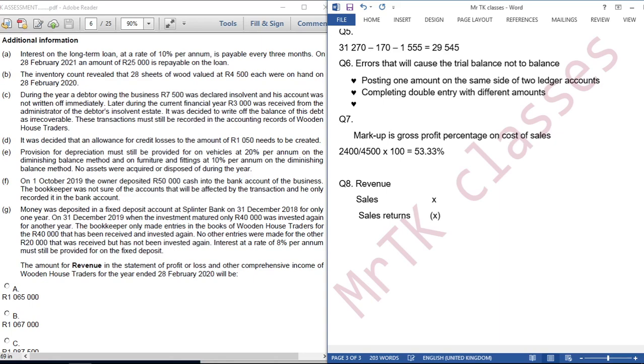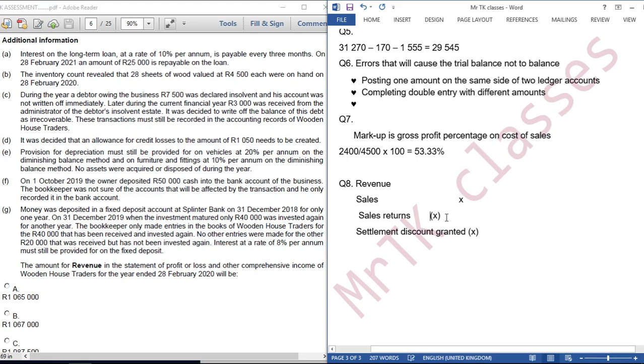Then now we move on to settlement discount granted. Okay. So here, how do we know that we are going to put settlement discount granted or received?